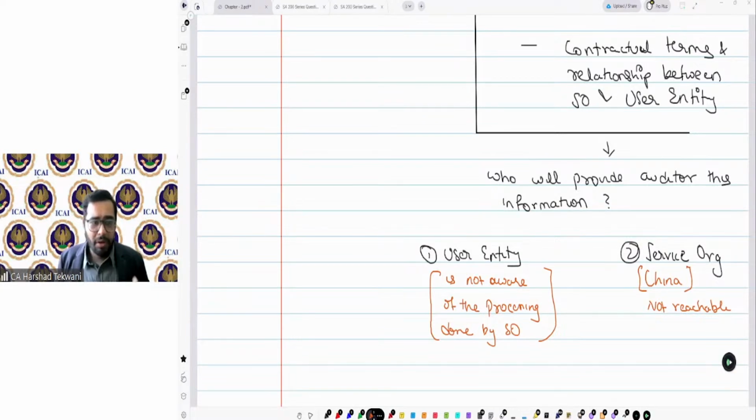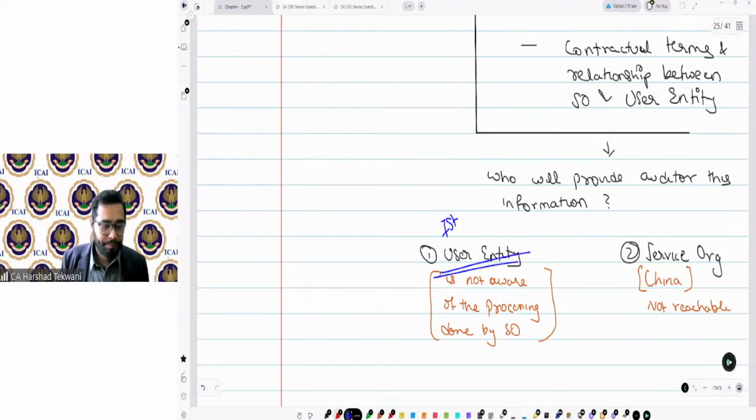How will I come to know all this information? Either from the service organization or the user entity. The first responsibility is of the user entity to provide me the information. If the user entity is not able to provide the information, then I need to seek other options.